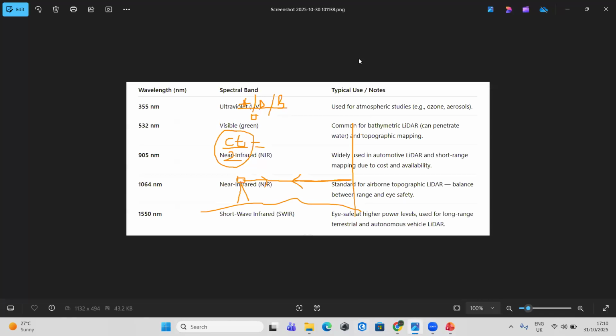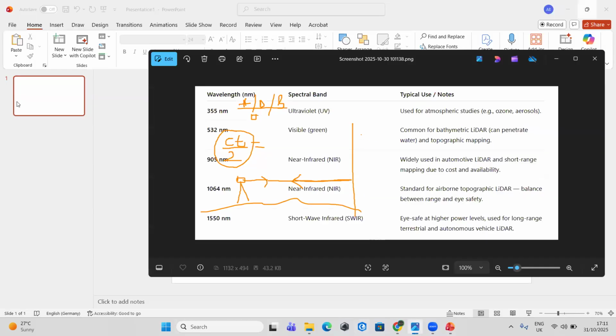There are some wavelengths in which LiDAR works. LiDAR is itself not a wavelength. It is a mechanism. That mechanism uses, like I said, you must have seen laser of green light and red light. Instead of those green and red, I'm going to use this wavelength, this wavelength, this wavelength, and this wavelength, and I'll call it a LiDAR.